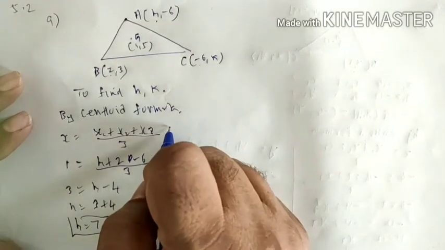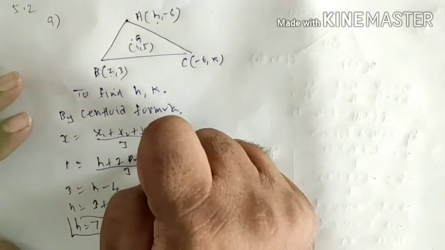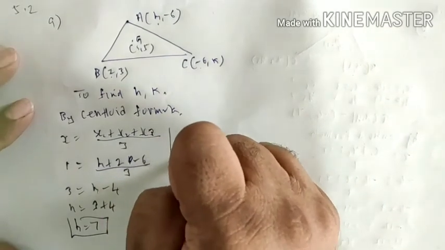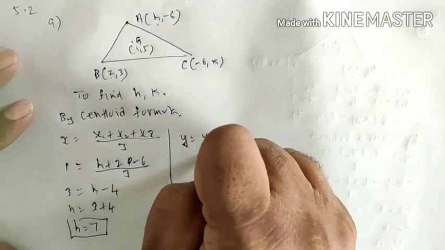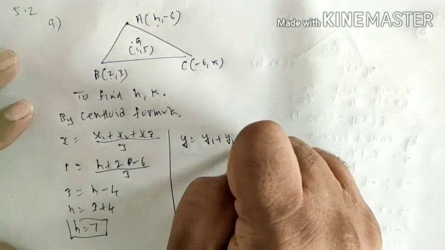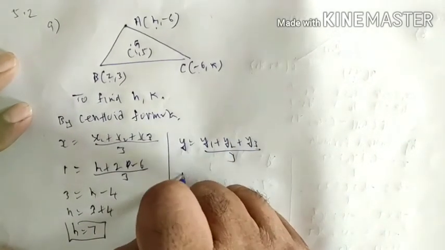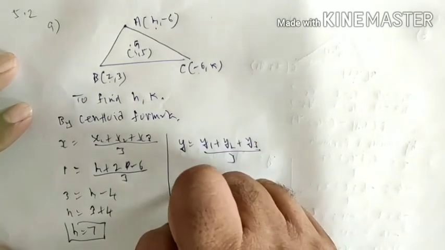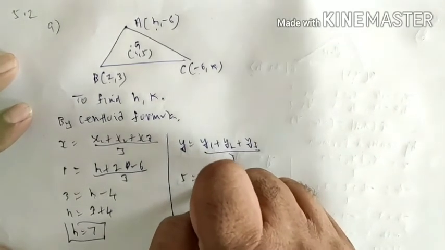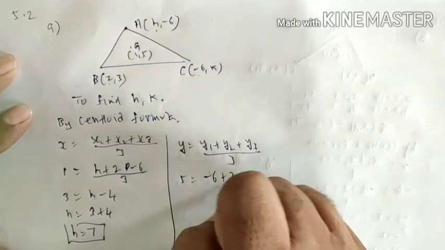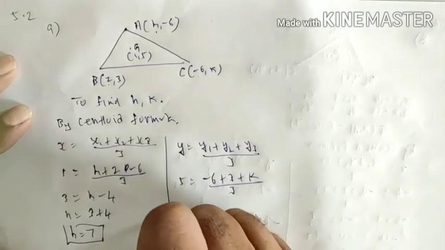In the same way, what is the value of y? y is equal to (y1 plus y2 plus y3) upon 3. See, y is given here how much? 5. y1 is -6 plus 3 plus k upon 3. Bring 3 to left side.